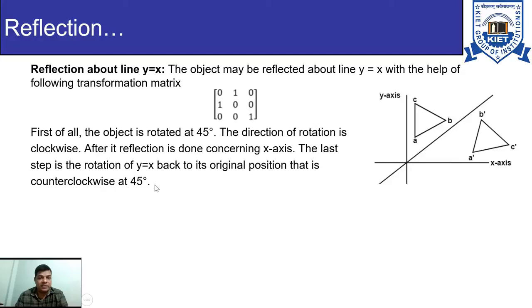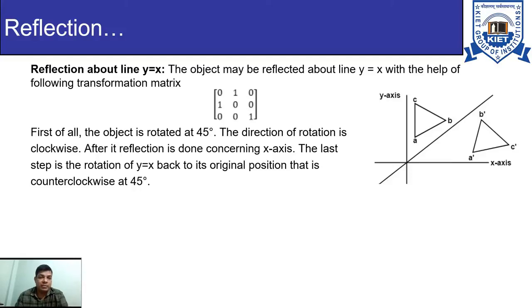You can see that we have written so many steps. Whenever you perform reflection about the line y equals x, it is not a single transformation, it is a composite transformation, and composite transformation means you are performing more than one transformation.